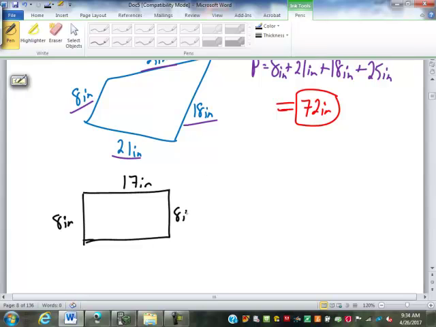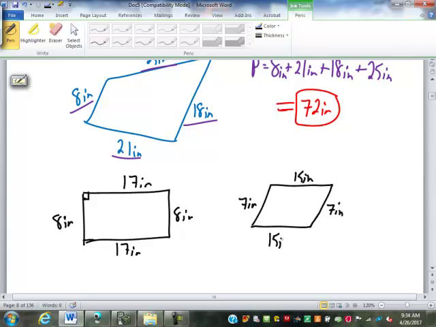We know that this side is going to be 8 inches and this one's 17 as well, because in a rectangle, opposite sides are always equal. In fact, it doesn't even have to be a rectangle. To make it a rectangle, I'd have to indicate at least one of the corners is a right angle. But it could just be a parallelogram. Opposite sides of a parallelogram are still the same, even though it doesn't have the right angles. So this one might be 7 inches and 15 inches.